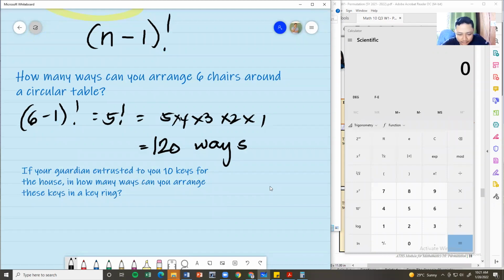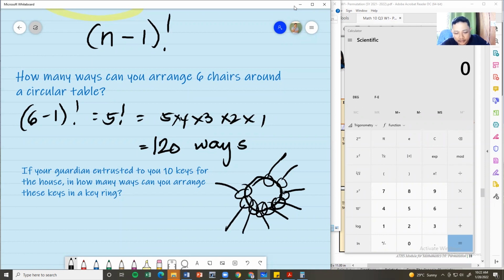The key ring is like this. Then you insert the keys: 2, 3, 4, 5, 6, 7, 8, 9, 10. How many ways can those 10 keys be arranged on the key ring?